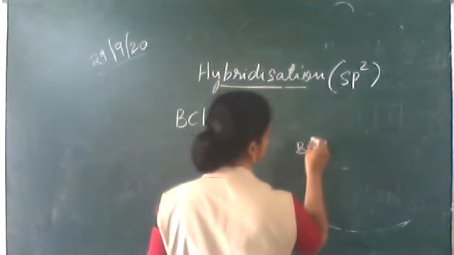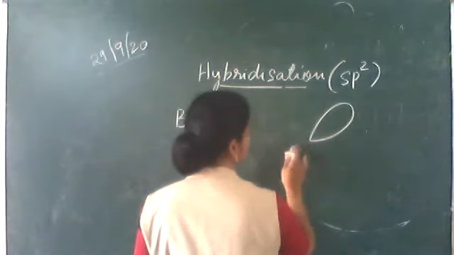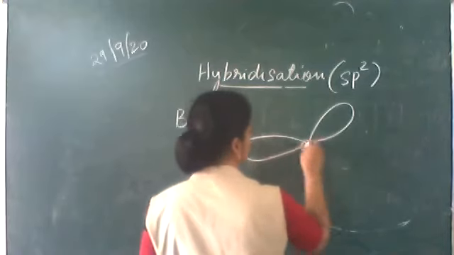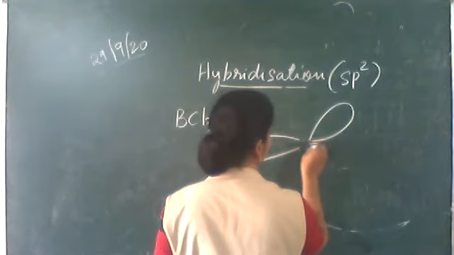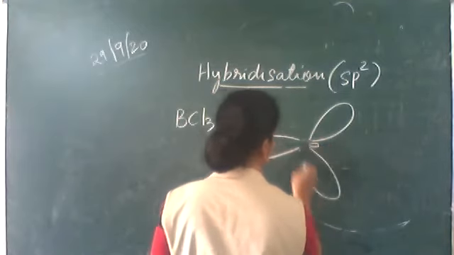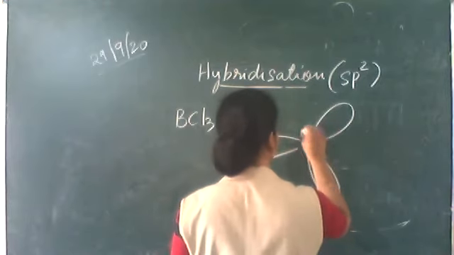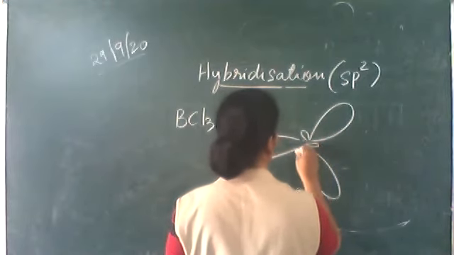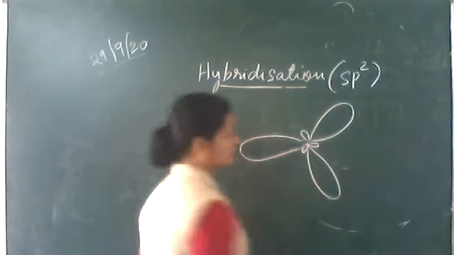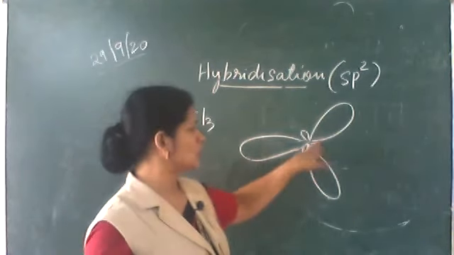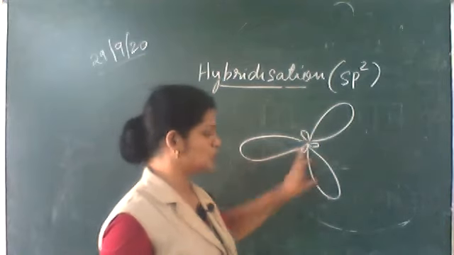So these 3 orbitals, each one is carrying one electron. Boron. So these are bigger lobe, smaller lobe, bigger lobe, smaller lobe, bigger lobe, smaller lobe.